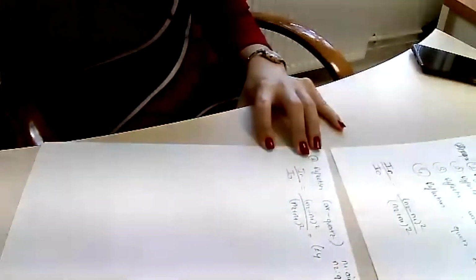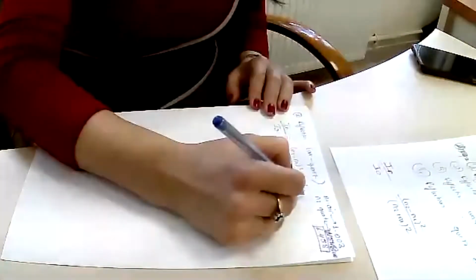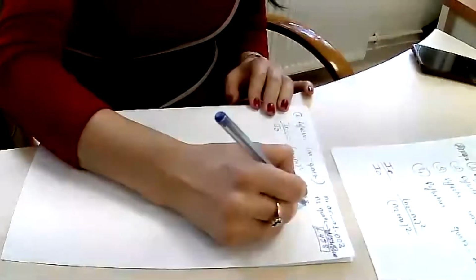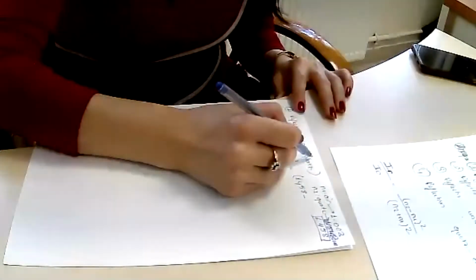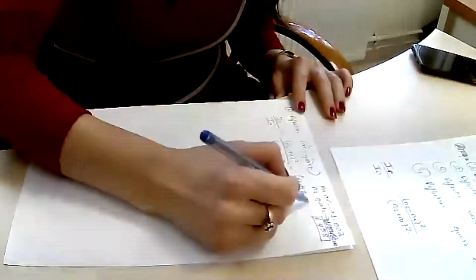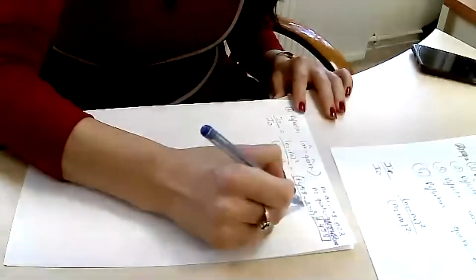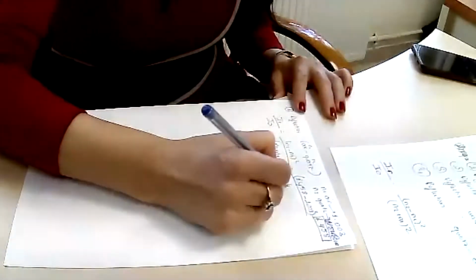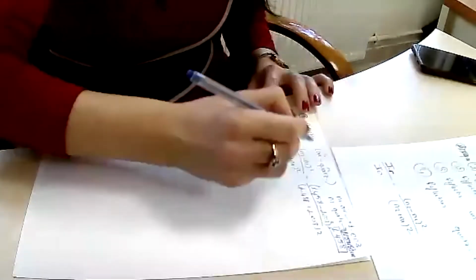Let me return to the Zoom. Okay, 1.458 minus, because N2 is this and N1 is this, 1.003, squared, divided by 1.458 squared. So let me make this calculation.